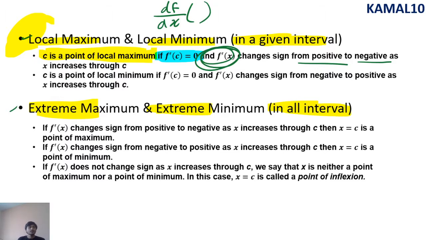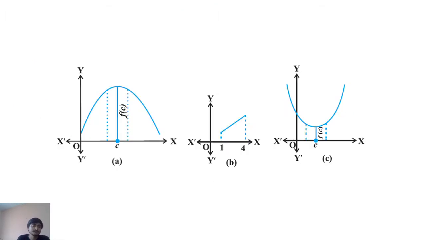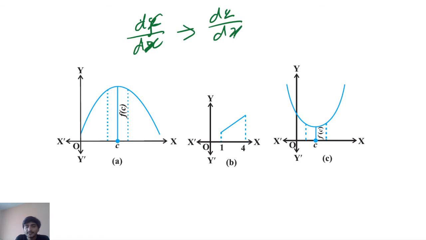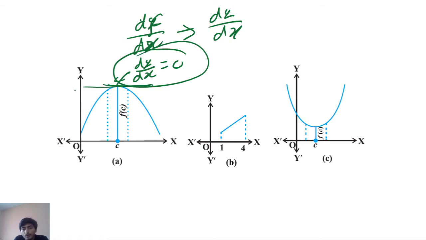Okay, so if you want to understand this, let's go to this graph. If I go dy by dx in this curve, what will dy by dx at this point be? It is 0 because the tangent is parallel to the x-axis.